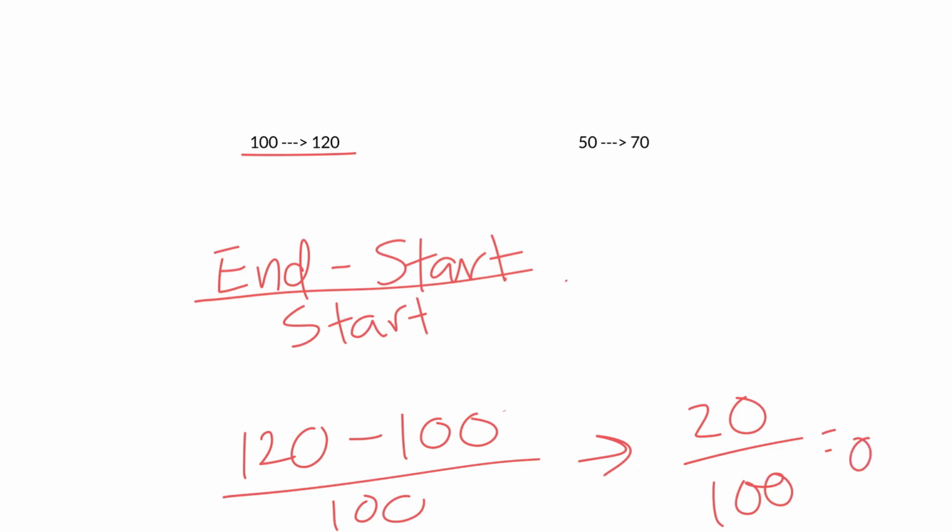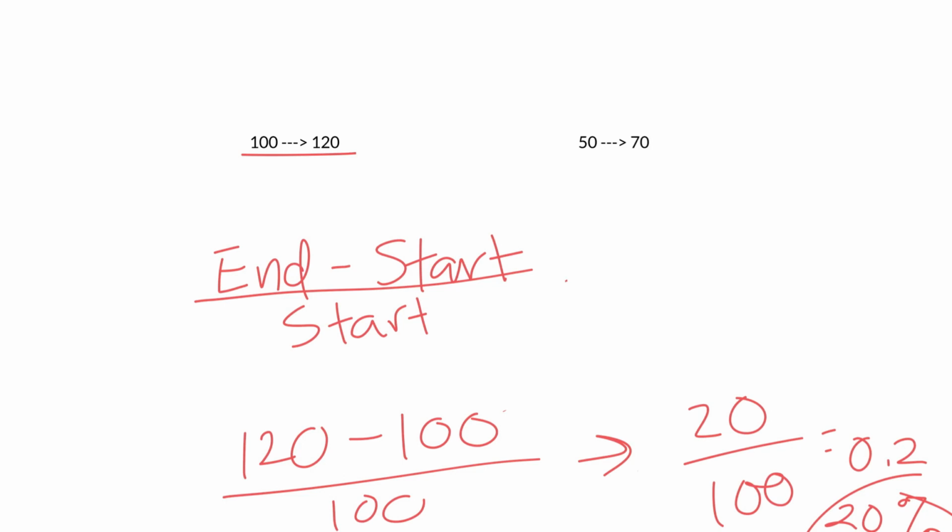So that gives me the decimal 0.2, or you should know that's 20%. So since this is a positive number, we can tell that we increased by 20% from our original.